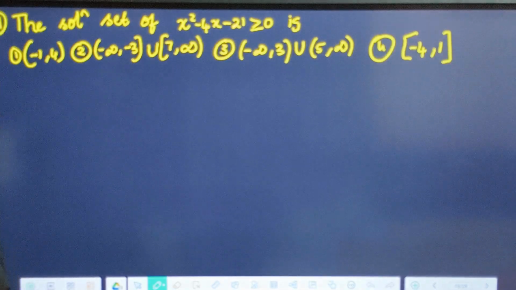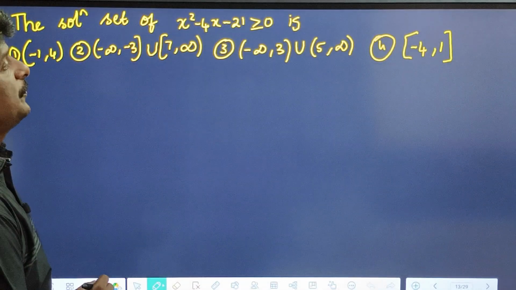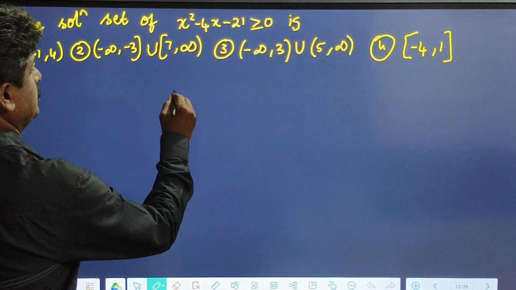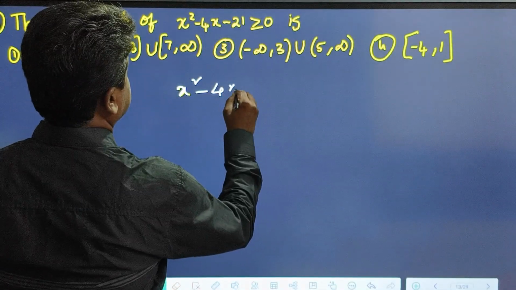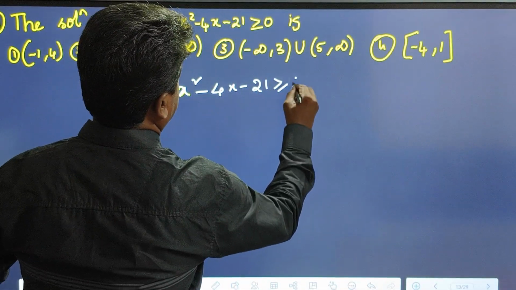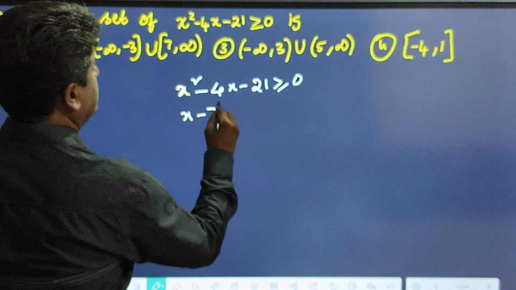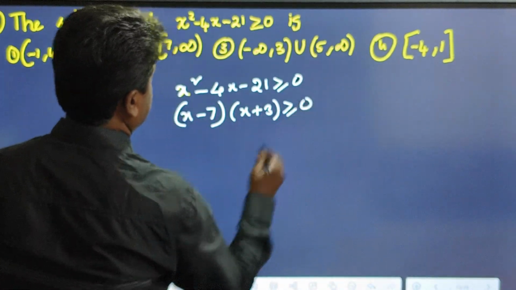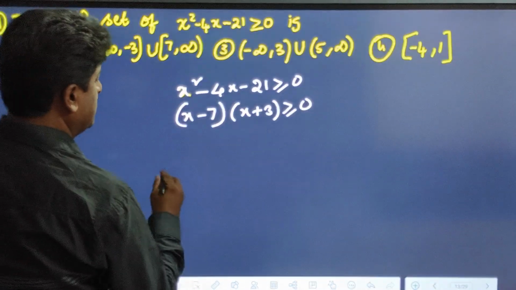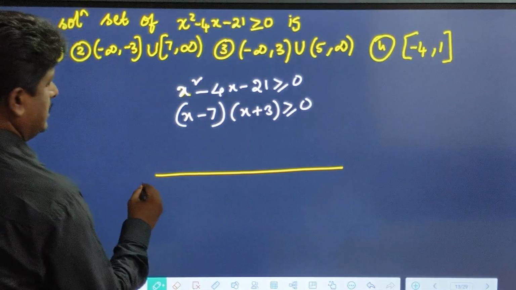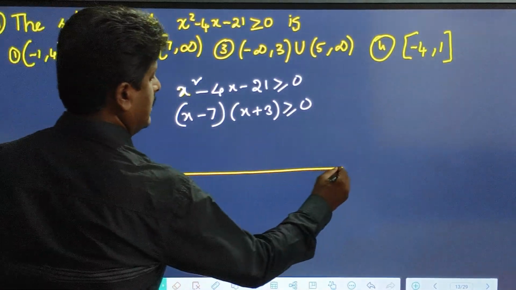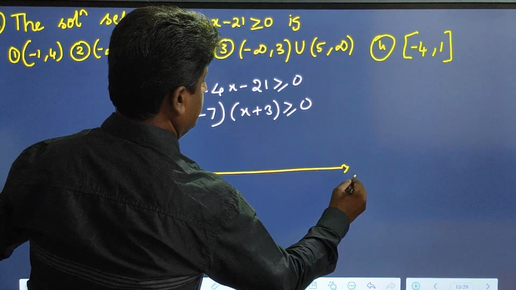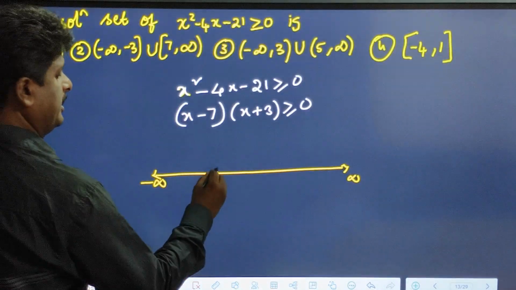The solution set of x square minus 4x minus 21 greater than or equal to 0. Factorization: (x minus 7) into (x plus 3) greater than or equal to 0. In order to find the sign scheme, use the wavy curve method.